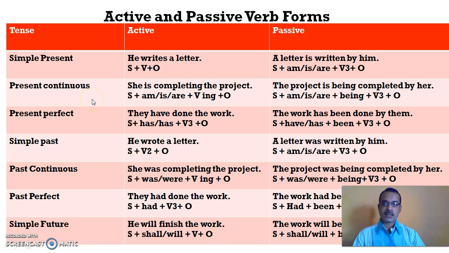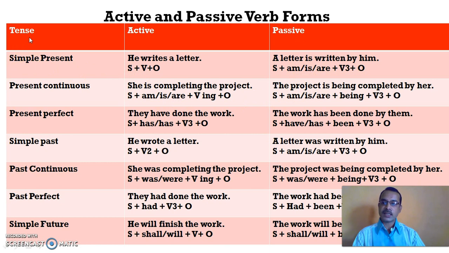This is the chart I have prepared especially for you, that expresses the conversion of active sentences into passive ones in different tenses. These are the different tenses, and you will easily identify how these active sentences are converted into passive ones in different tenses.